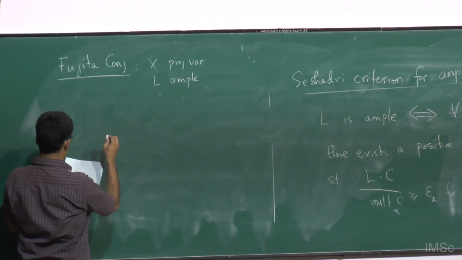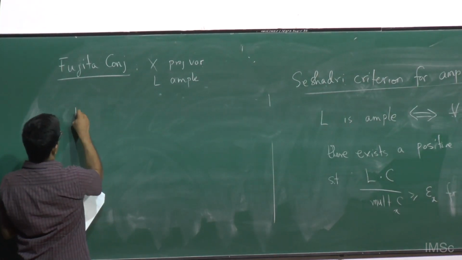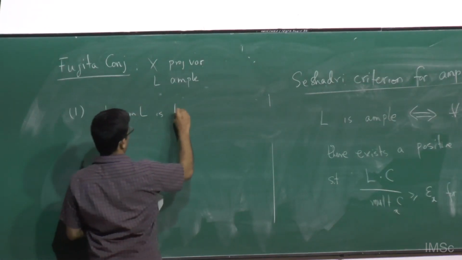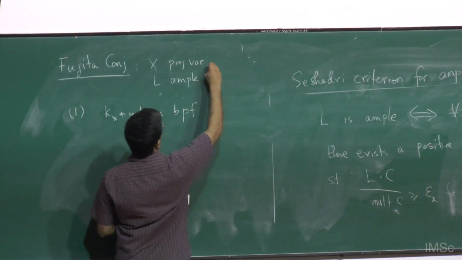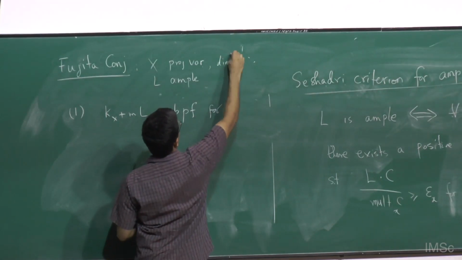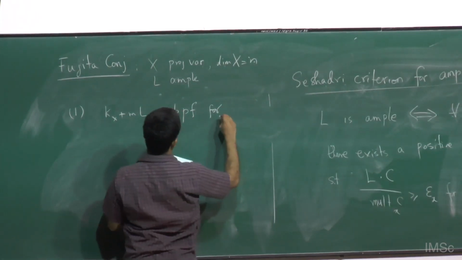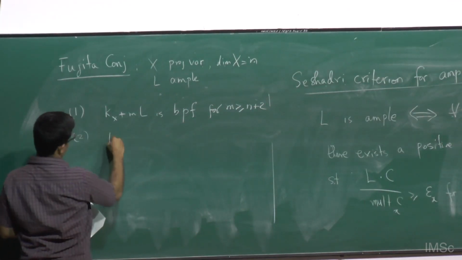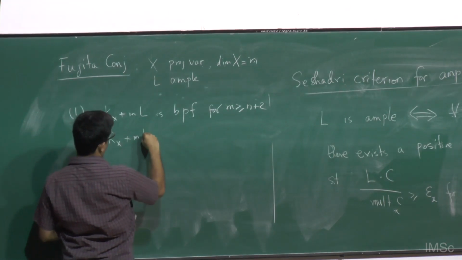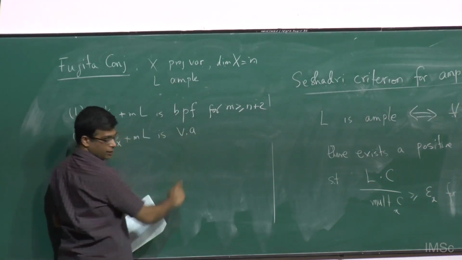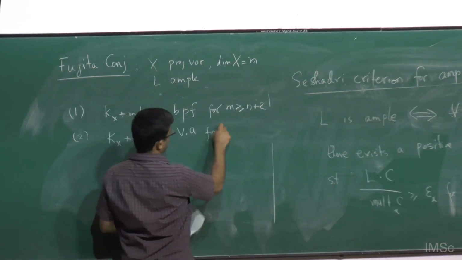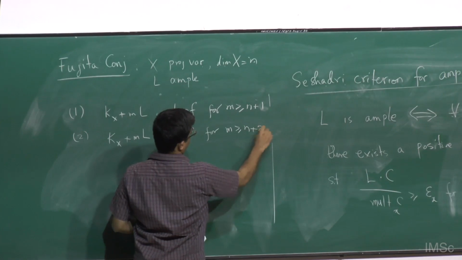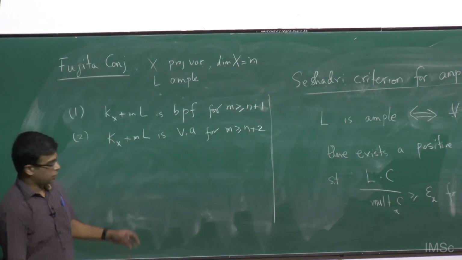Then it predicts that the canonical K plus mL is base point free, and let's say the dimension of X is n, for m at least n plus 1. And K plus mL is very ample, for m at least n plus 2.